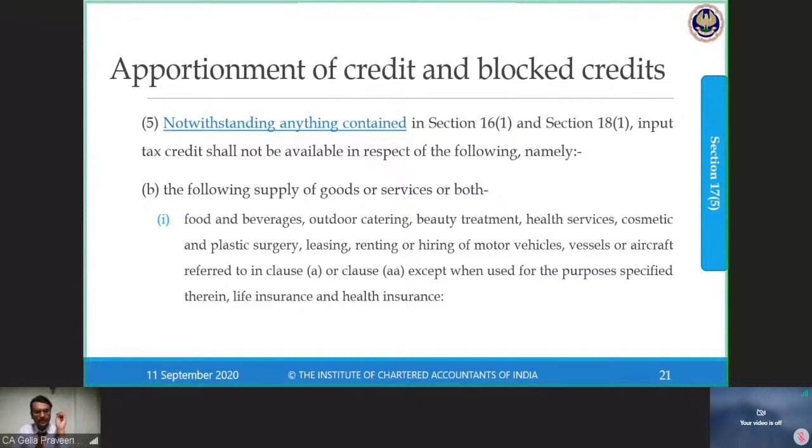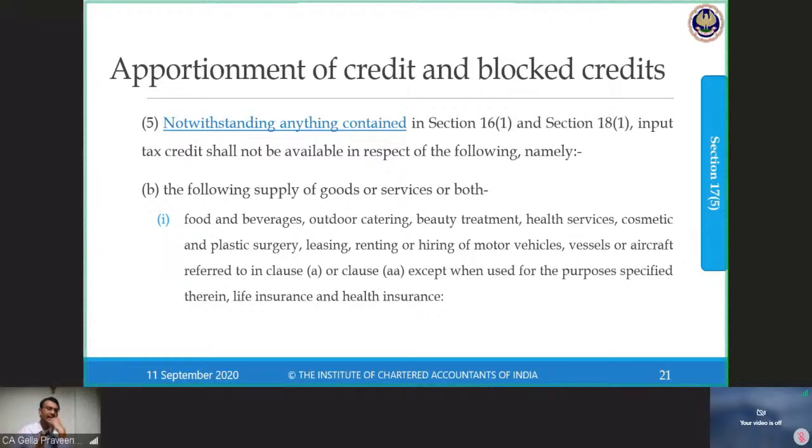It says food and beverage, outdoor catering, beauty treatment, health services, cosmetic and plastic surgery, leasing activity, renting or hiring of motor vehicle, vessels or aircraft referred to in clause AA, except when used for the purpose specified therein. Life insurance and health insurance. So by and large, these items I cannot take ITC.